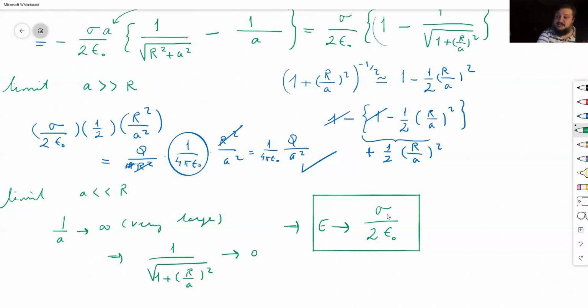This could be a disk or a square or rectangle, doesn't matter at all, because if you're so close to the object, it looks infinite. And this, sigma over 2 epsilon 0, that is the electric field. It's outward, perpendicular to the surface, pointing outward if it's positive charge. If it's negative charge, it's pointing inward. But it's a constant, okay? It doesn't depend on A.